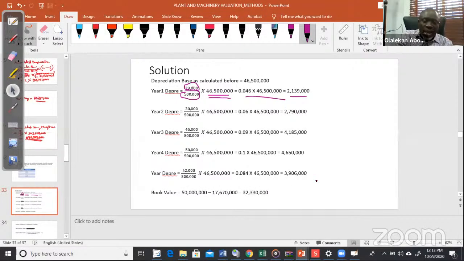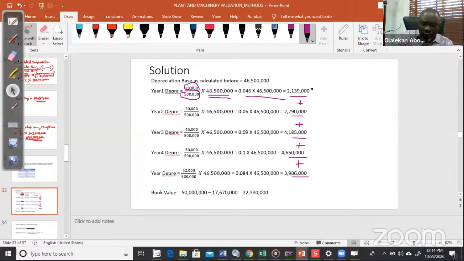Now, if you are to determine book value from it, you know you need accumulated depreciation. Accumulated depreciation is the sum of all your what? Accumulation of all the depreciation from year 1 to 5. So that means we had this one plus this one, then plus this one, plus this one, and plus the final figure, which is this.